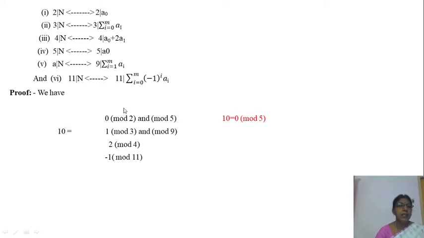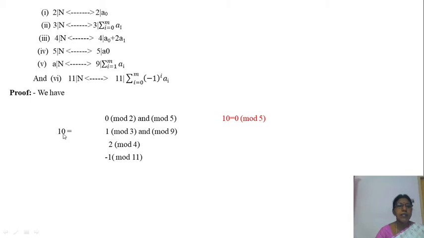You see here we have 10 congruent 0 mod 2 and mod 5. Once we put a number before the modulus, then in the same line the next modulo also has this same value.